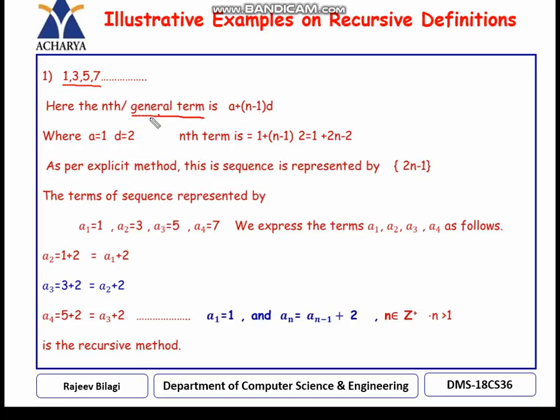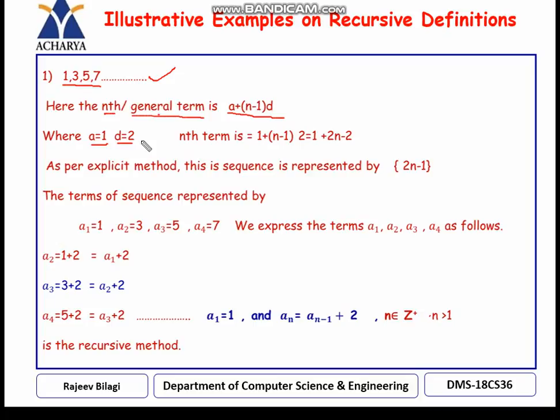The nth term is a plus (n minus 1)d. It seems to be an arithmetic progression, where a is equal to 1 and d is equal to 2. The first number is 1 and the difference between the first number and the next number is 2, so we take d as 2.